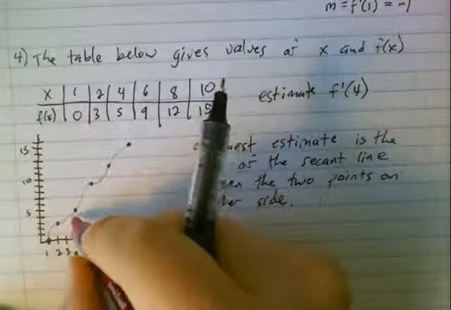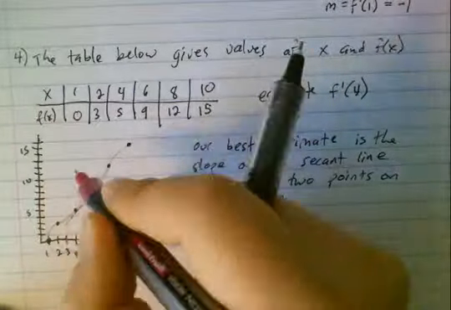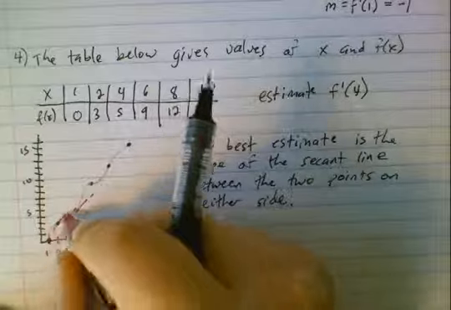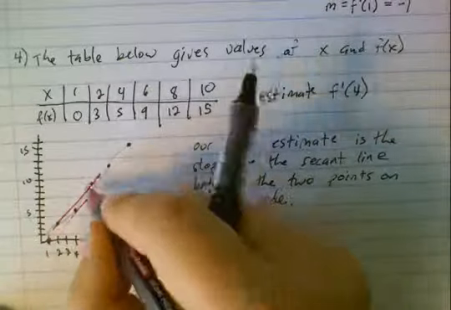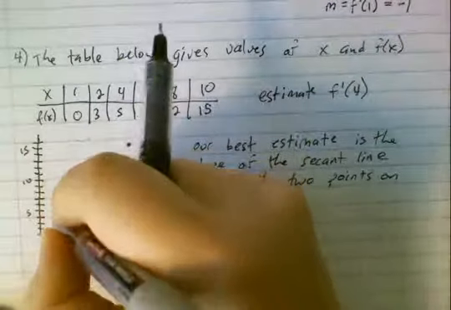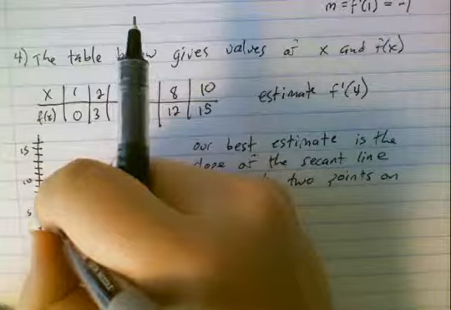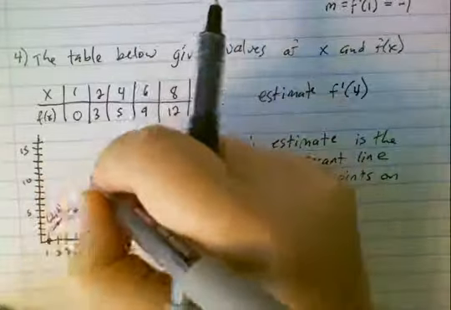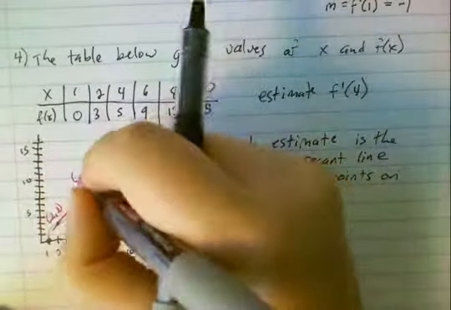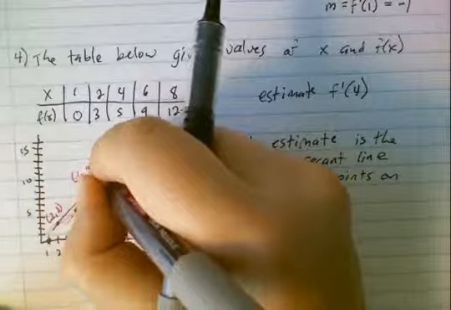So our tangent line estimate, this line right here, goes from the point (2, 3) to the point (6, 9).